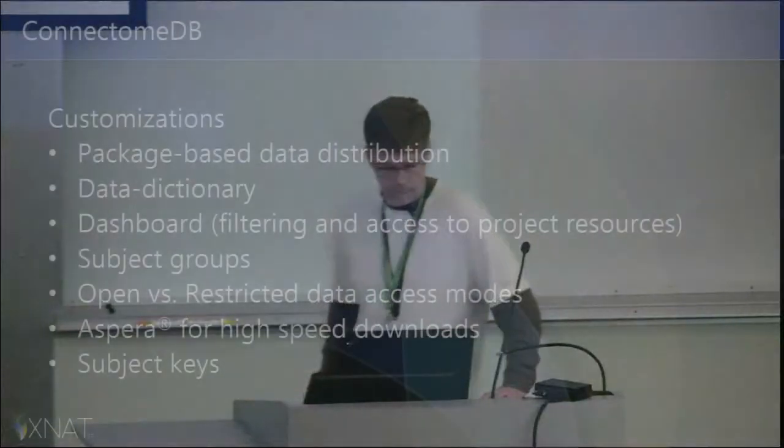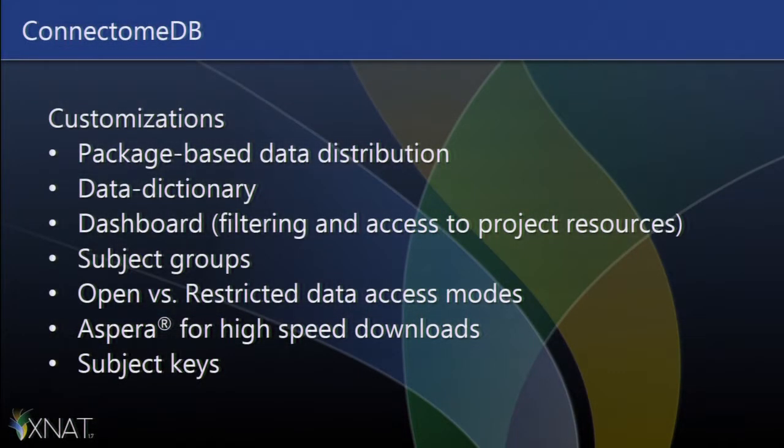Each subject has a bunch of packages, so that people can just download what they want; you can't download the whole database. We also have a JSON-based data dictionary, a subject dashboard for filtering and access to project resources, subject groups, and open versus restricted data access modes. We use Aspera to enable high-speed downloads, and subject keys is another customization.